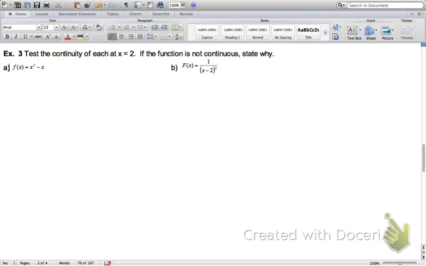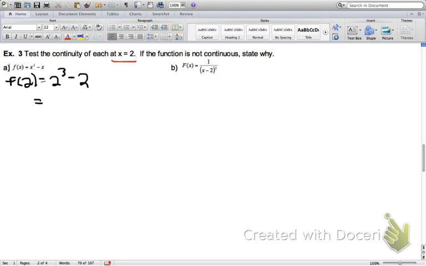So for part A, we have f at x equals x cubed minus x. Since we want to test when x is equal to 2 here, we're just going to sub that value in for our x value. So f at 2 equals 2 cubed minus 2.